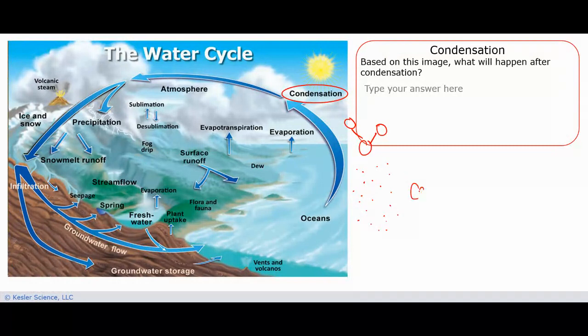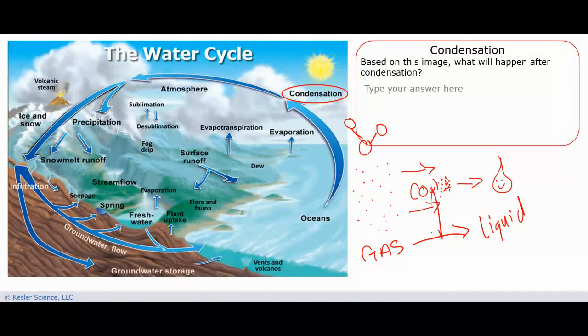But if you cool a vapor down, eventually those vapors are going to come together and turn back into a water droplet. So condensation is where we go from a gas to a liquid. And to do that, we have to get cooler. We lose energy.